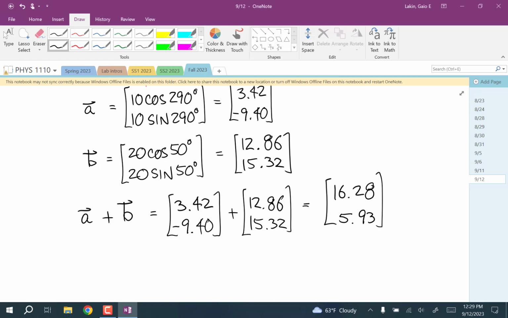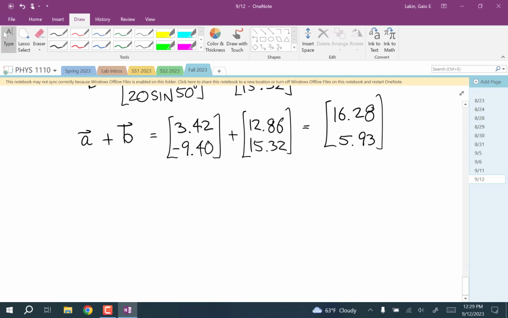Okay, so that's just numbers until you sort of visualize what that vector is. So let's do that. So our x-axis is up. Our y-axis is to the left.